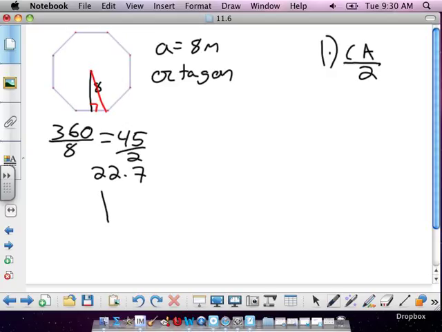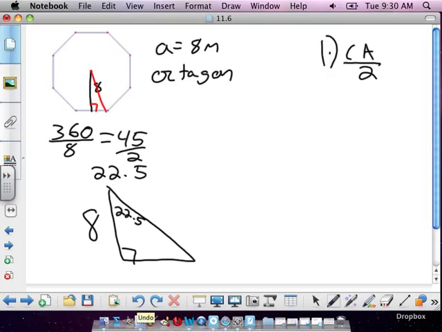So I am going to draw my triangle nice and big so I can see what I'm doing. I'm given my apothem, so this is 8. This is 22.5.